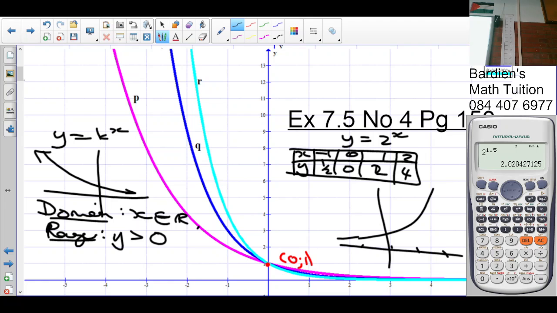Okay. When you come back, we'll do the last part of this, and we will do determining the equations of graphs, which is after the exam, and then you will have a break, June holiday. When you come back, we're going to write a cycle test again on graphs next term.